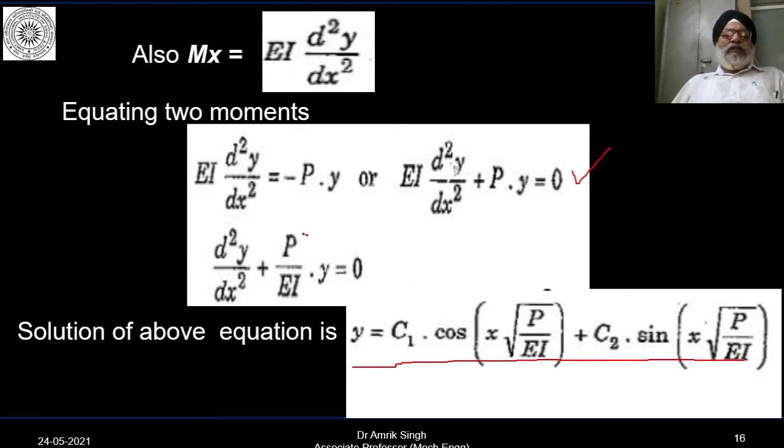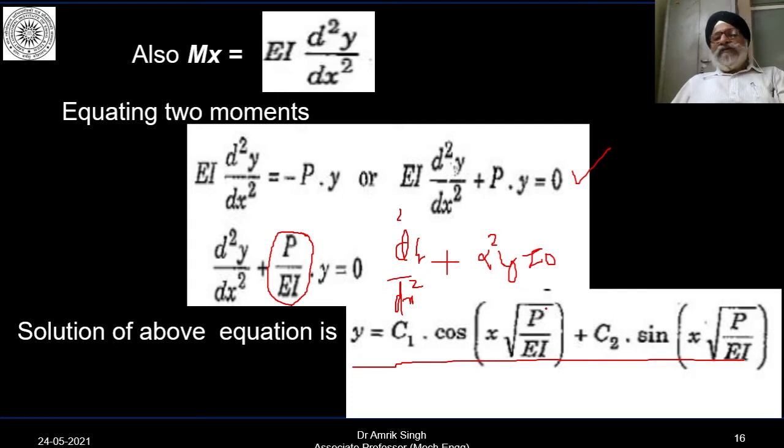So if you put P upon EI as alpha square, this can be written as d2y upon dx square plus alpha square y equals 0, where alpha is equal to this.